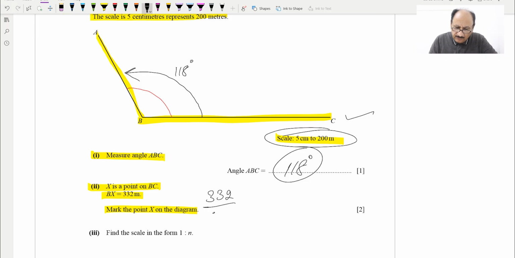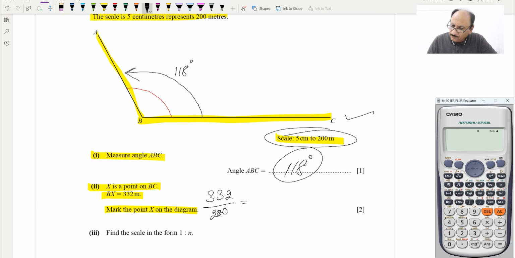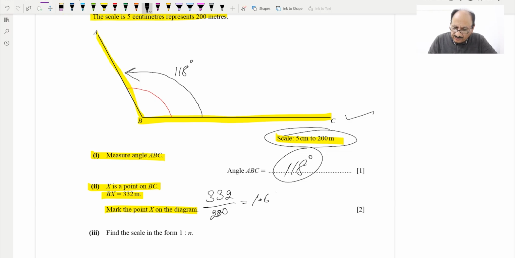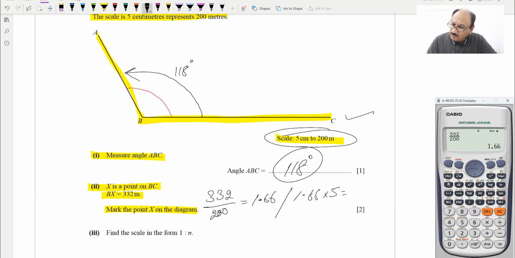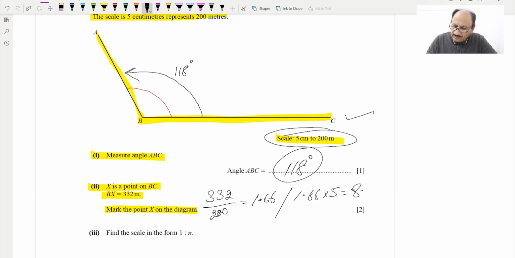This will be divided by 200, which gives 1.66, and we multiply by 5, which will be 8.3 centimeters.